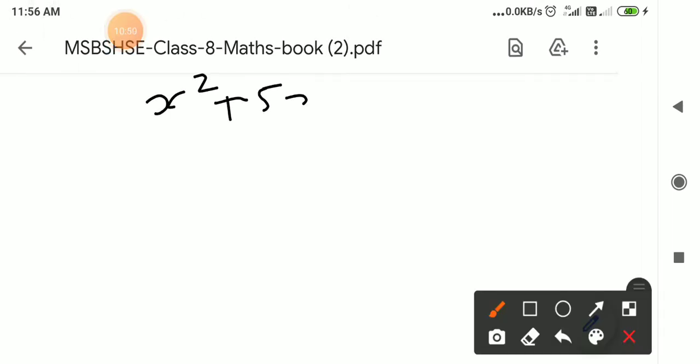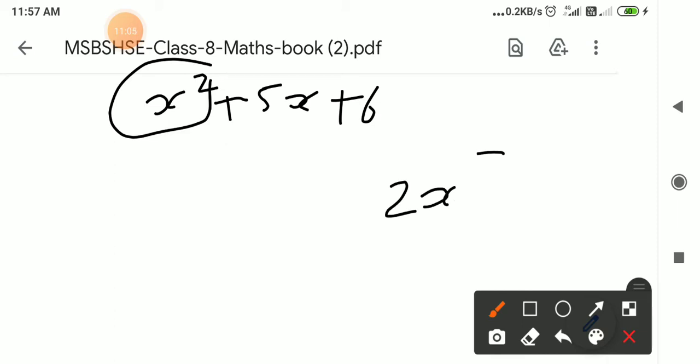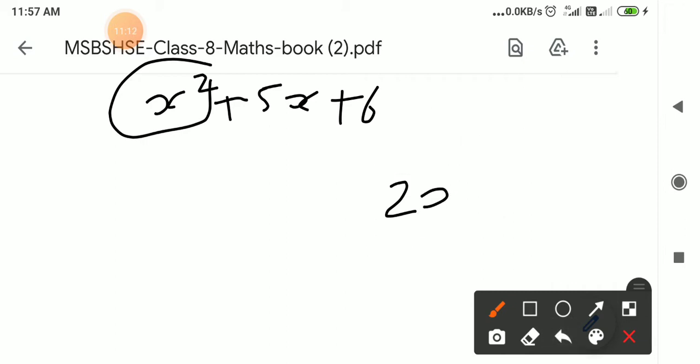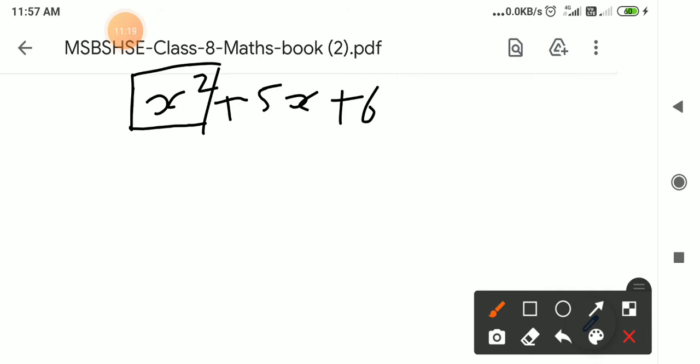Sometimes x square has a coefficient, but in this example we can't see the coefficient of x square. If I write 2x square, then 2 is the coefficient and x is the variable, and the highest power is 2 in a quadratic equation. But here we can't see any coefficient for x square. The coefficient is 1.